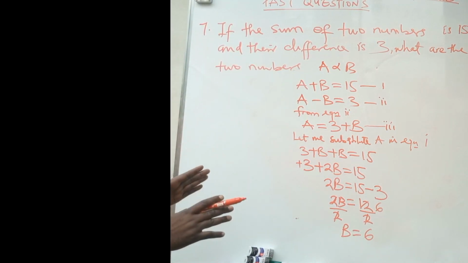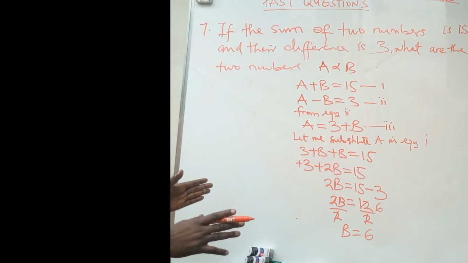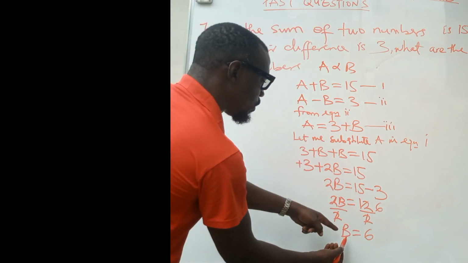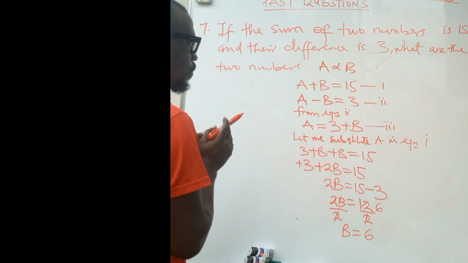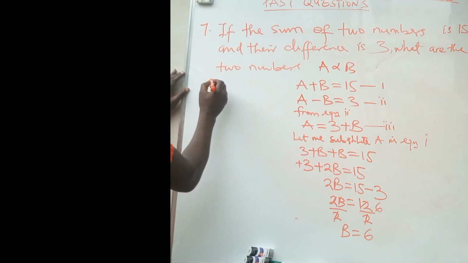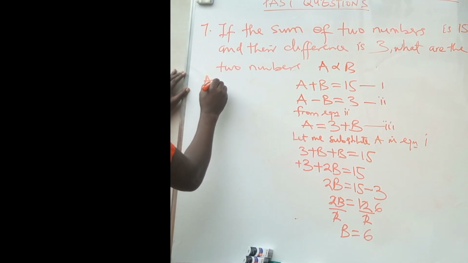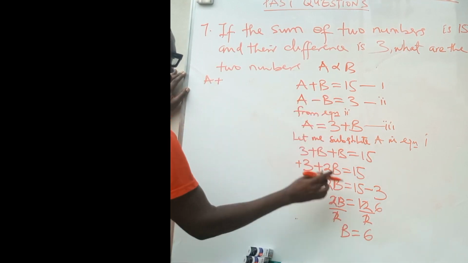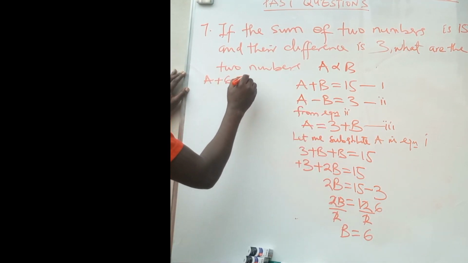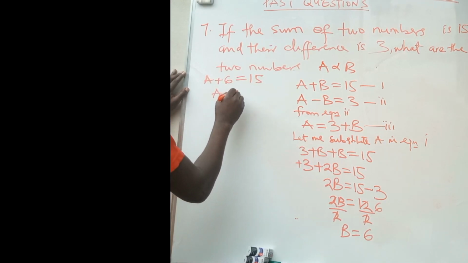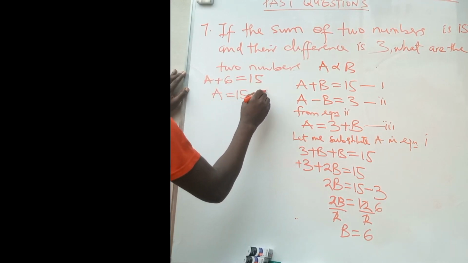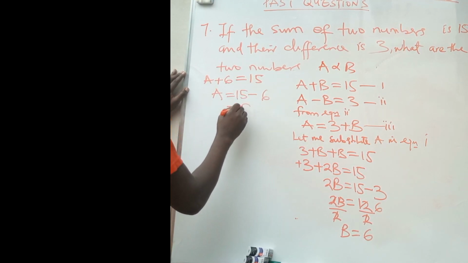We have been able to get B, so to get A will be simpler. Now let's substitute this value of B in equation 1. Our B is 6, and A plus B is equal to 15. So A will be 15 minus 6, which is what? 9.